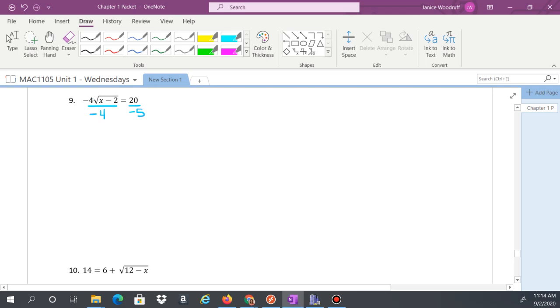Dividing by -4, that's going to give me the square root of x minus 2 equals -5. Oh, I wrote -5 there because that's what you're going to get. Let me fix that.